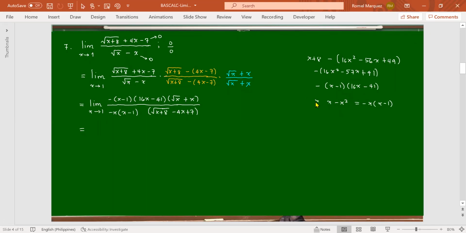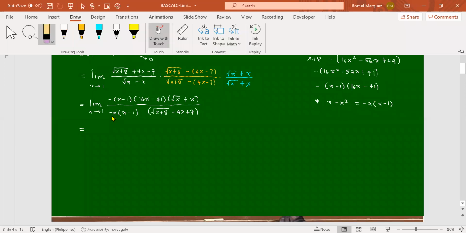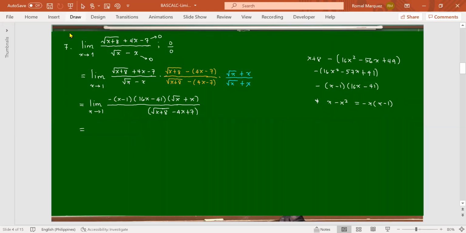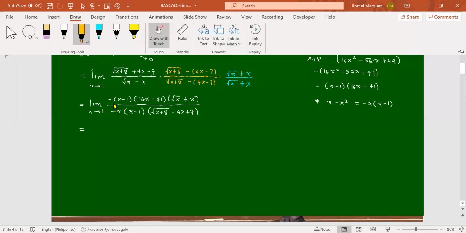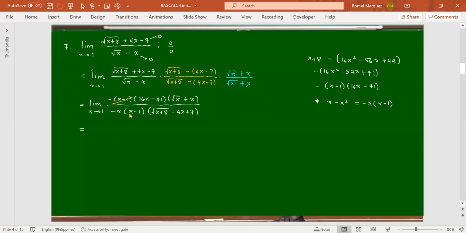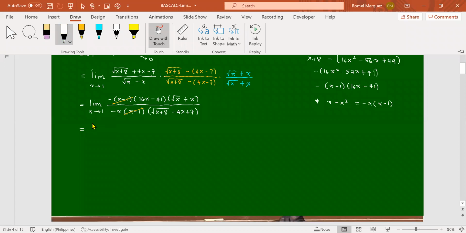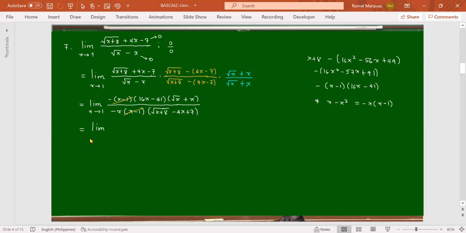Am I correct, guys? Yes po. Para naka-ready nang i-cancel. Negative of x times x minus 1. Okay. So let's now cancel. Wala na rin yung negative. What am I now going to copy in the numerator?